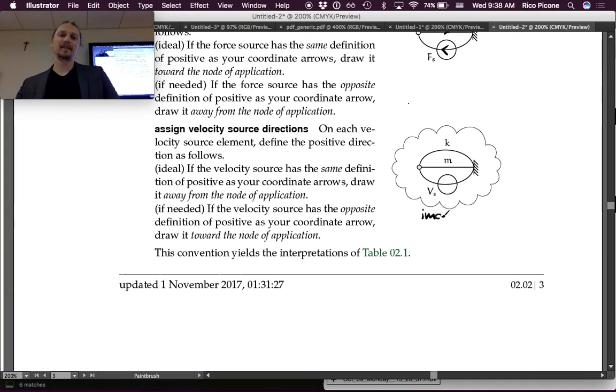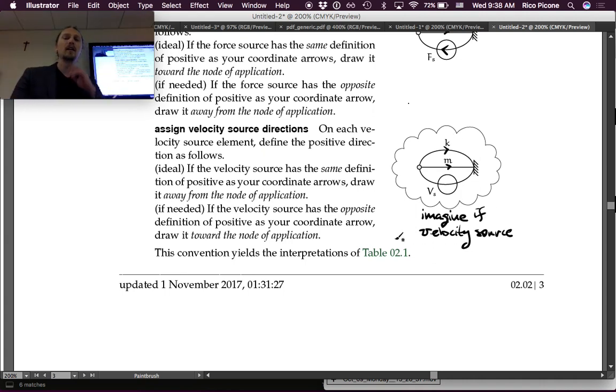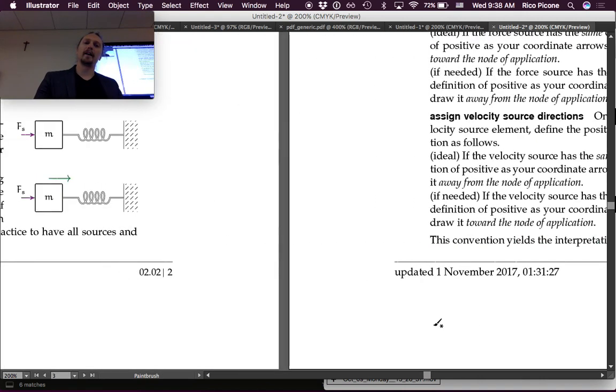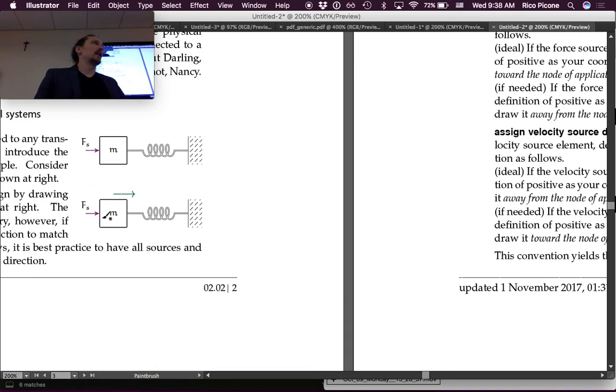Imagine if it was a velocity source. And so these are unchanged. If it was a velocity source instead of a force source, and it was pointed in that same direction as the force source is pointed, so that's just like pretending like, this is our cloud here, pretending like this is a velocity source, Vs, that's being applied.